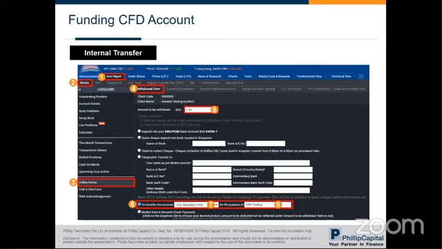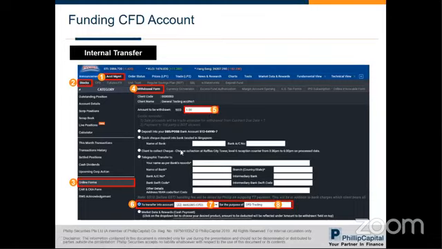A lot of clients have been wondering, what if I have a stock account, when I open a CFD account, how should I fund my account? There are a few ways to fund your CFD account. One of the direct ways is to transfer your excess cash from your stocks trading account by going to account management. If you have an existing stock account, go to stocks, then online forms, which is step number 3. Step number 4 is go to the withdrawal form and key in the amount that you intend to transfer into your CFD account.